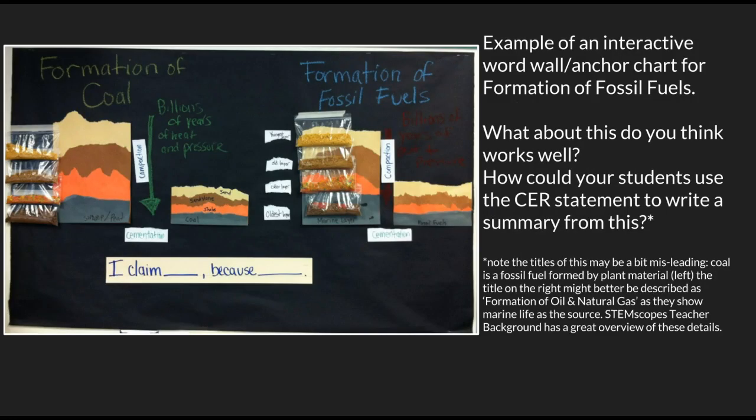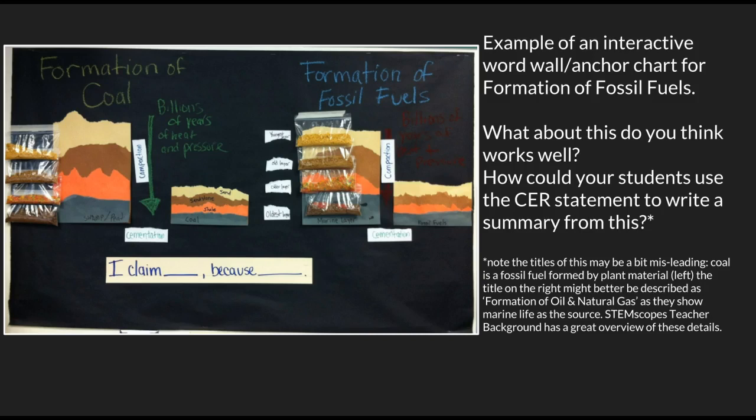Here's another example of a picture I found from Dr. Jackson's Science Toolkit on Facebook. I thought this was interesting in that they have divided out the formation of coal and then the formation of fossil fuels, which is a little bit of a misnomer here. And I have a note down there at the bottom of how I might change that to make it a little bit more clear.